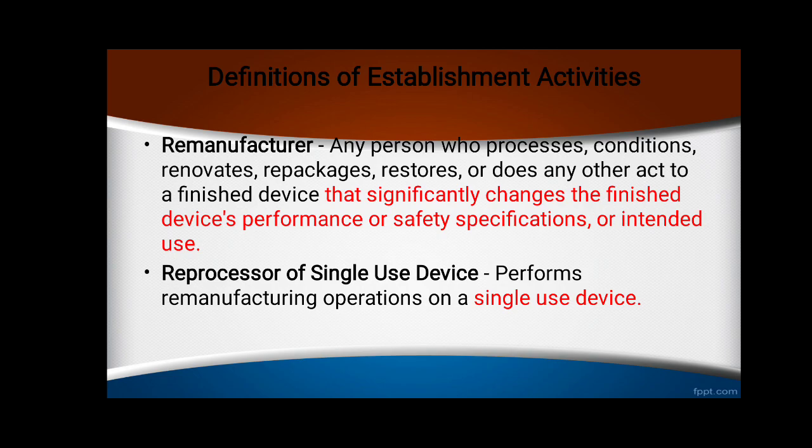A remanufacturer is any person who processes, conditions, renovates, repackages, restores, or does any other act to a finished device that significantly changes the finished device's performance or safety specifications or intended use. A reprocessor of single-use devices performs remanufacturing operations on a single-use device.